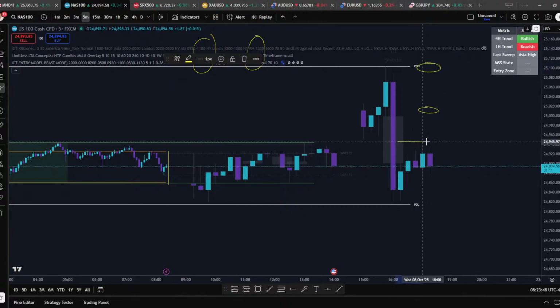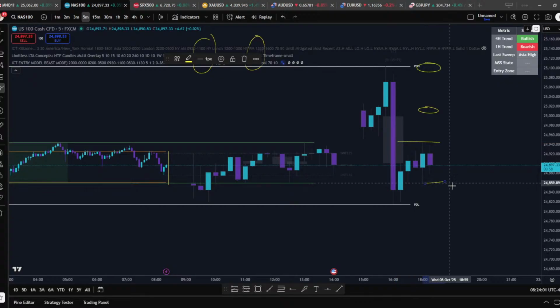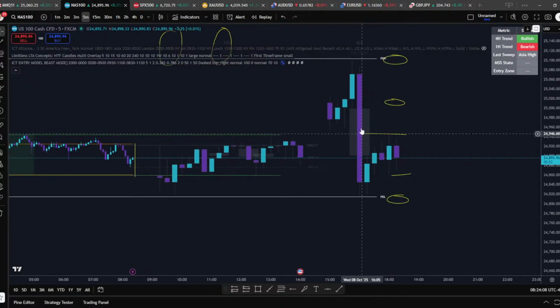Since it's respecting the fair value gap, okay, if this candle closes below this green candle here, then first liquidity to be taken would be this, okay, and then obviously you would then target previous day lows. So this is an important fair value gap for the 4-hour fair value gap, because it all depends on how it reacts from this level.